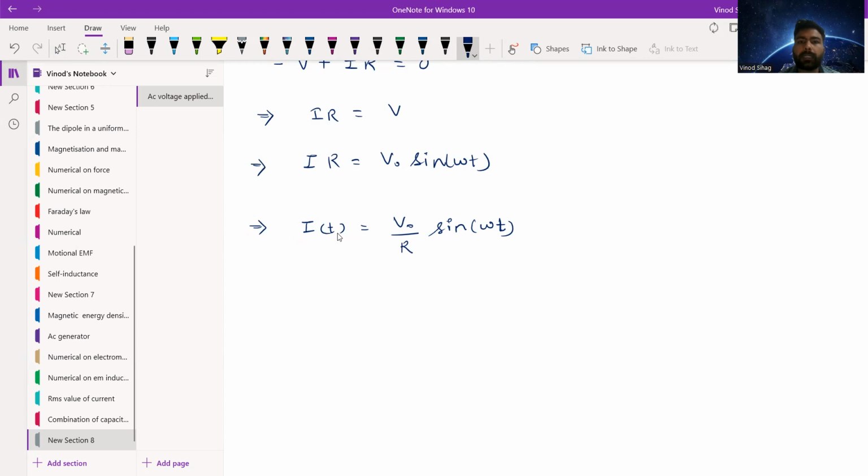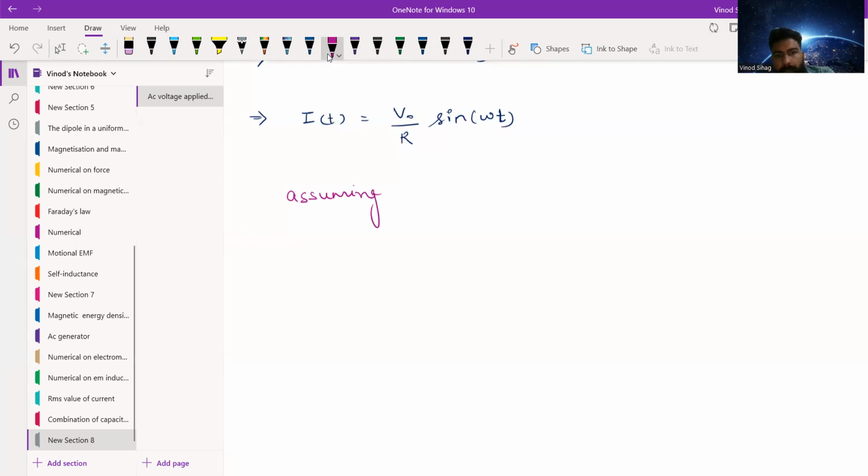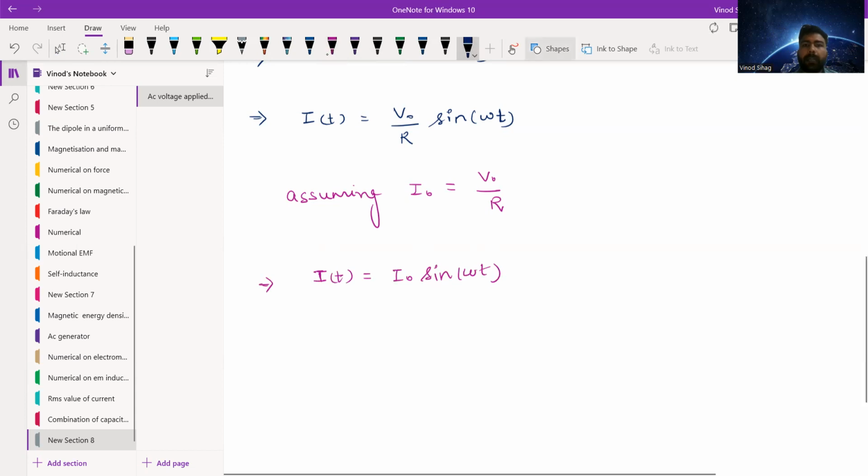So let's assume another constant, I naught equals V naught upon R. So the current I at time t is I naught sine omega t.